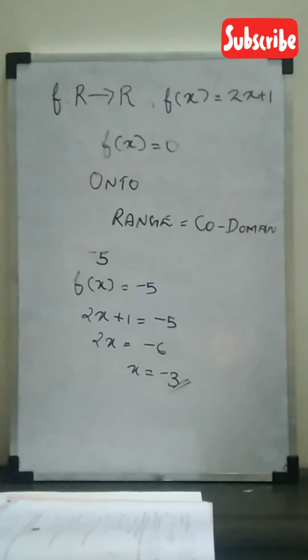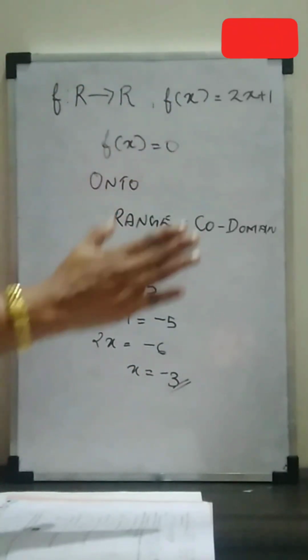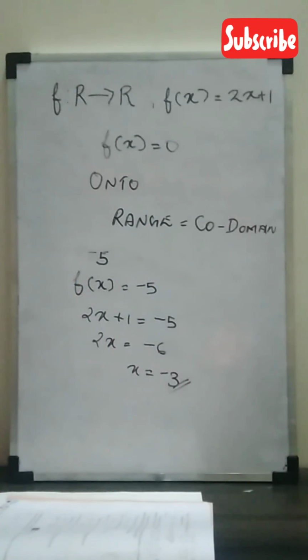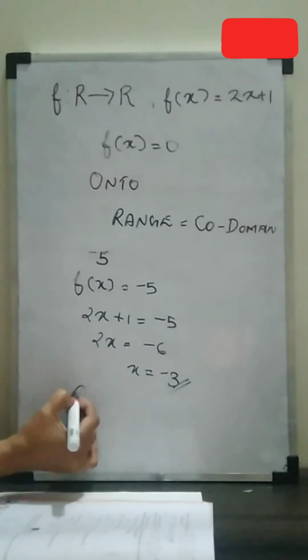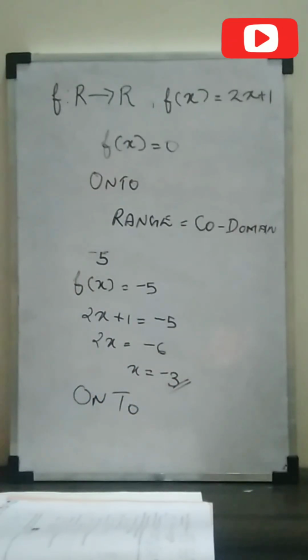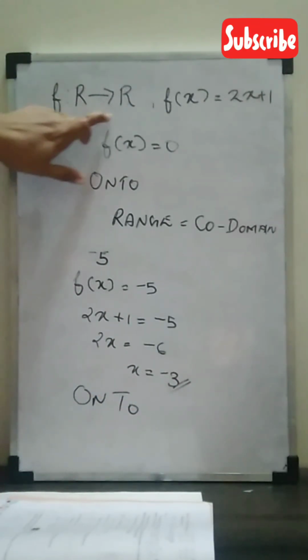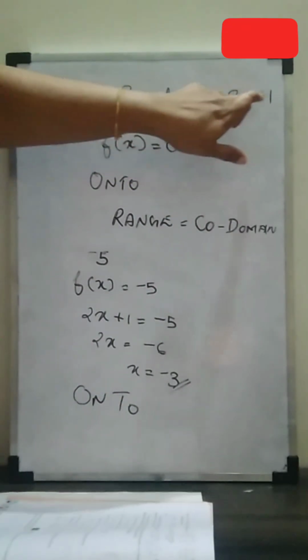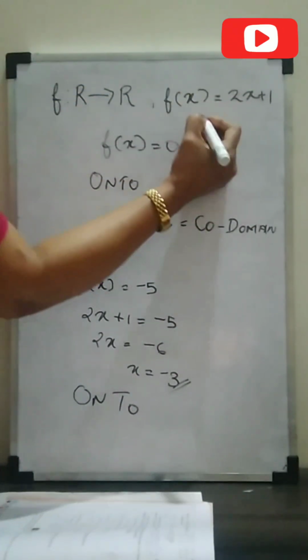So that means when our input is -3, our output is -5. Similarly, whichever element you take in the real numbers, you will get a pre-image. That means every element in the codomain has a pre-image in the domain. So this function is an onto function. Therefore, the given function f from R to R, which is defined by f of x is equal to 2x plus 1, is bijective.